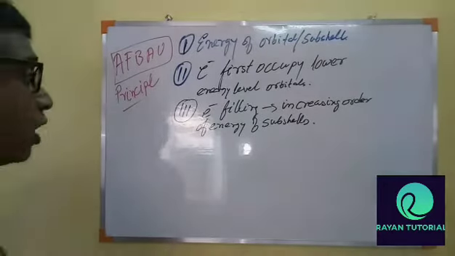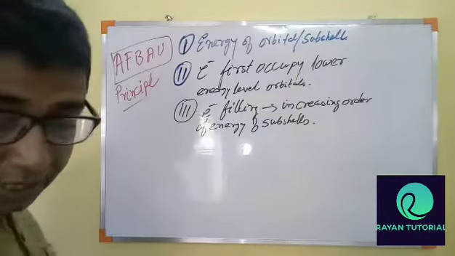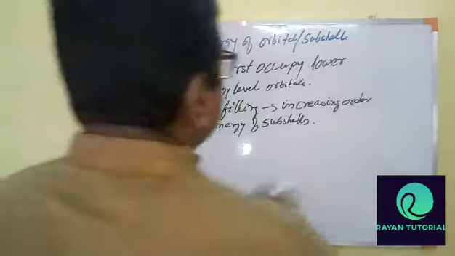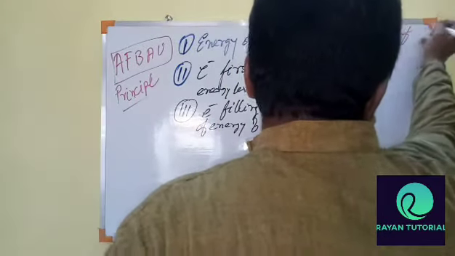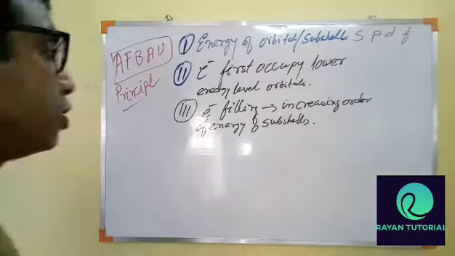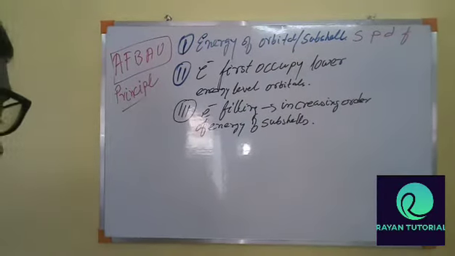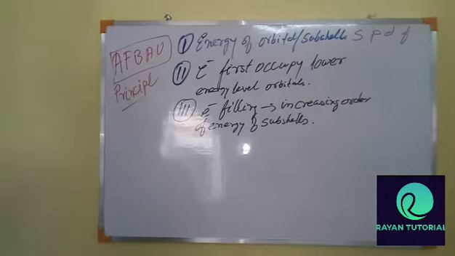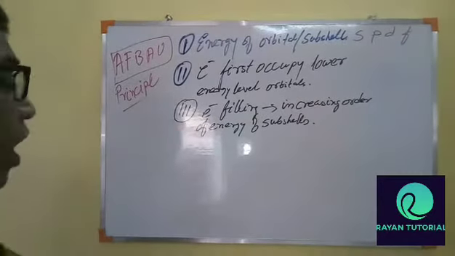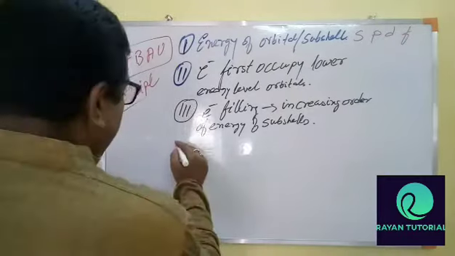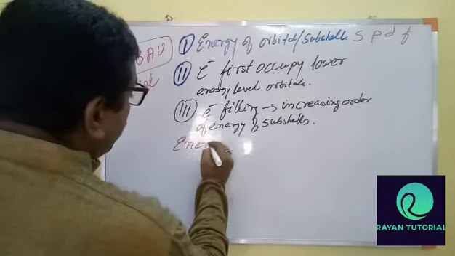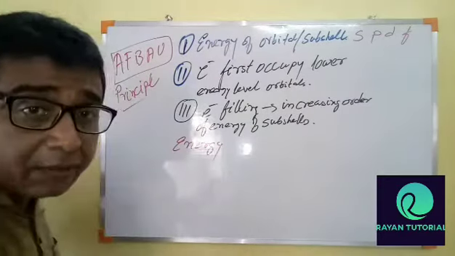Now let us understand what are the subshells. The subshells are S, P, D and F, right? Always remember, according to Aufbau principle, first we need to know what is the energy of the subshell.